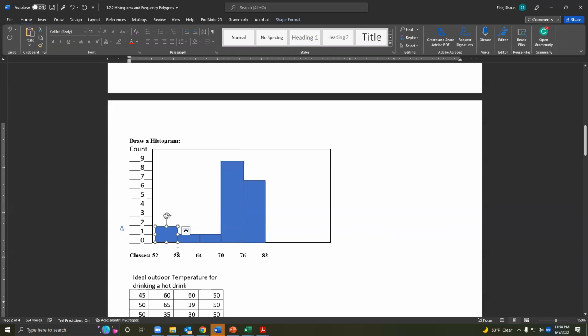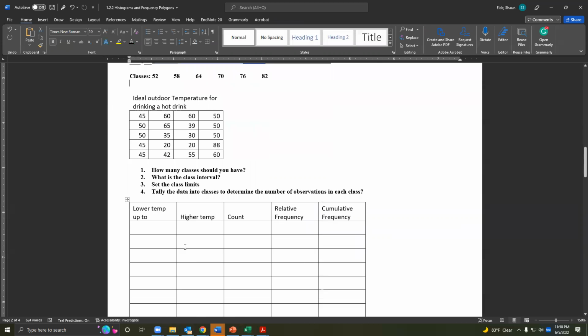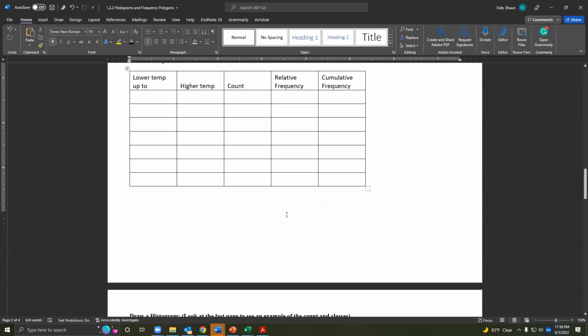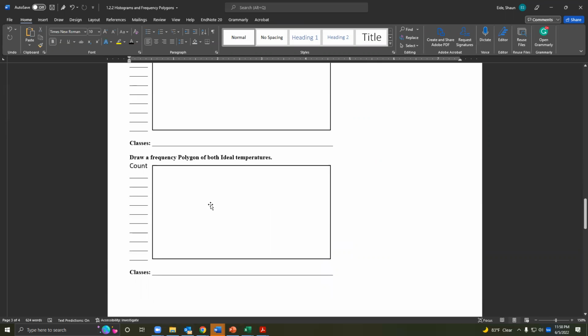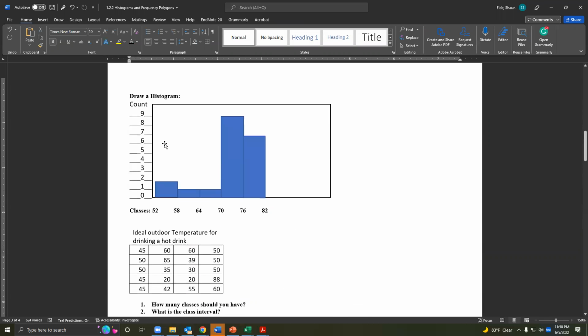So coming down here, you do the same exact thing, put it right there. Now what we're going to do is the histogram for the ideal temperature. Okay, we're going to do a frequency polygon. And so I'm going to do a frequency polygon right here so you can kind of see how it's done.